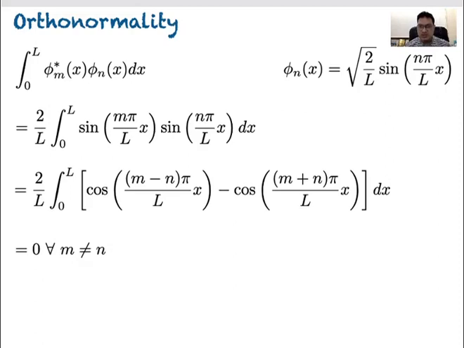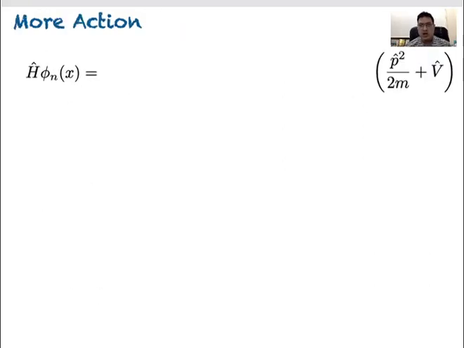So it's easy to see that this term will go to 0 when m is not equal to n, and this term will be 1 when m is equal to n. So what we have concluded is that the wave functions for a particle in a box of this kind fulfill the orthonormality relation.